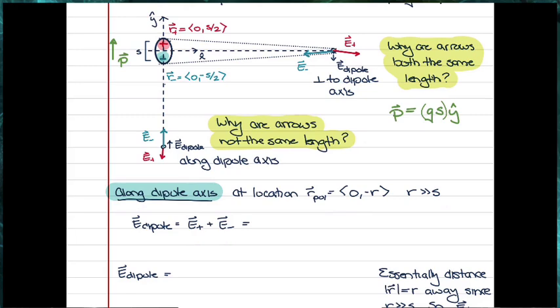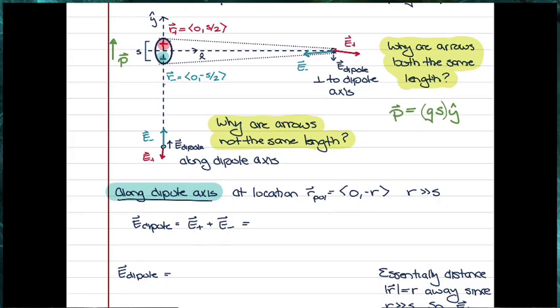So if you just conceptually imagine what's going on, I have a positive charge and a negative charge that are very close to one another, and I'm getting very far away from them. Imagine if you could see the positive and the negative charge off on the horizon. Just like things on the horizon all seem to move towards the center as they go below the horizon.